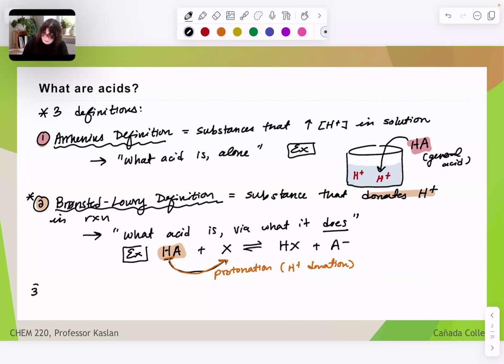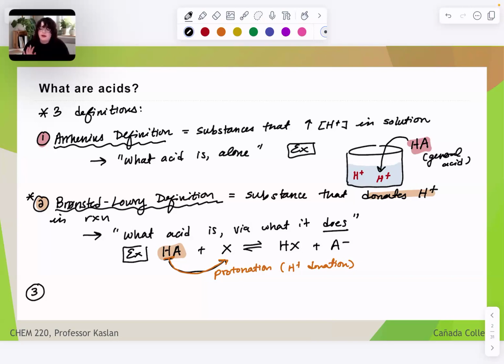Now, this third definition is actually a really interesting definition that we will revisit when we talk about complex ion formation in more detail. So we've actually looked at a bunch of complexes already in this class. We did our iron thiocyanate complexation lab. In our Le Chatelier's principle experiment, we've looked at a complexation and decomplexation reaction. We've also done some practice problems in our equilibrium calculations involving complexation.